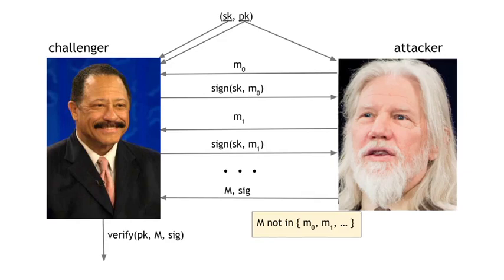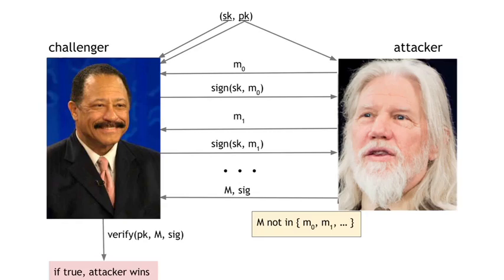So the challenger is going to run the verify algorithm, use the public verification key and on that message and the signature that the attacker provided, and is going to check whether it verifies. And if it does verify, if this returns true, then the attacker wins. The attacker has forged a message. And so this game is what we use to define what it means for a digital signature scheme to have the unforgeability property.